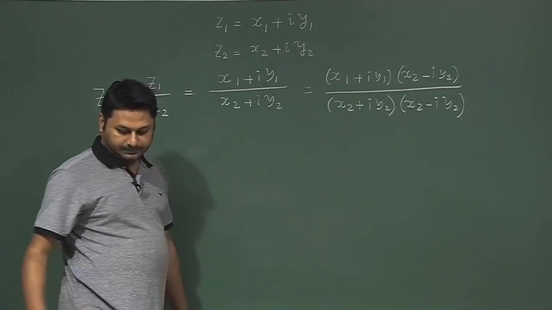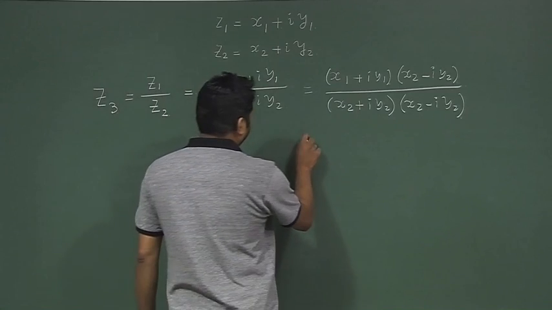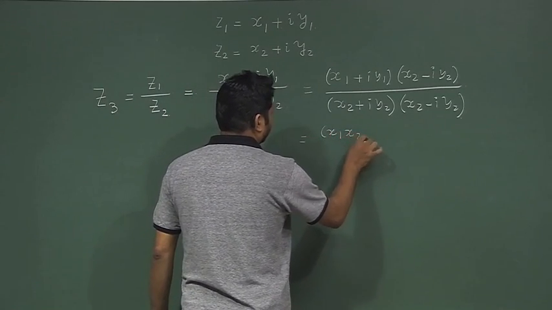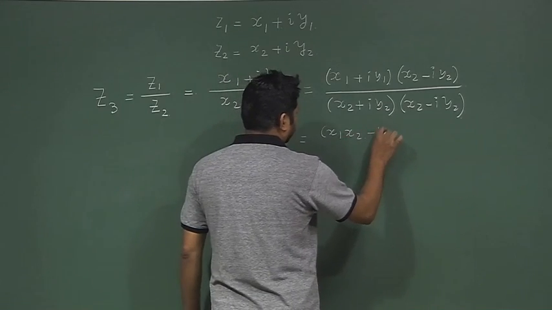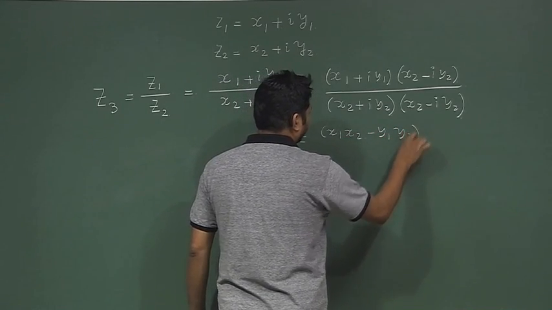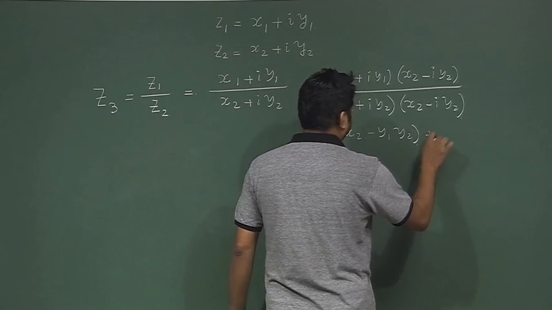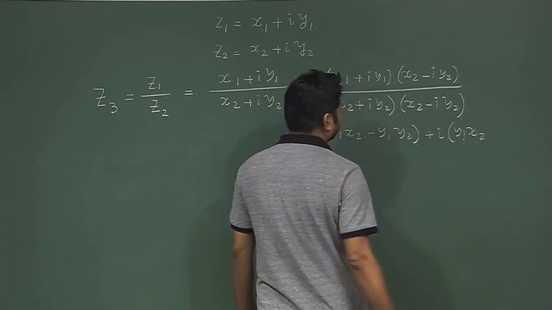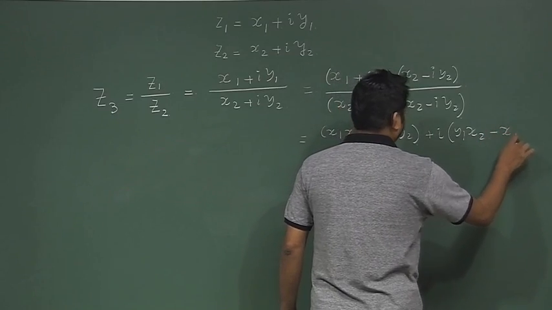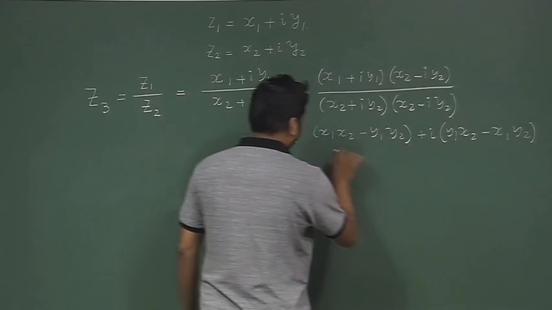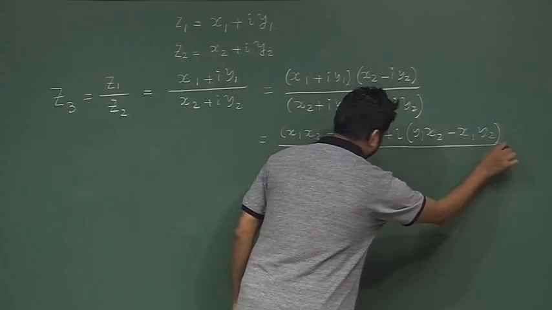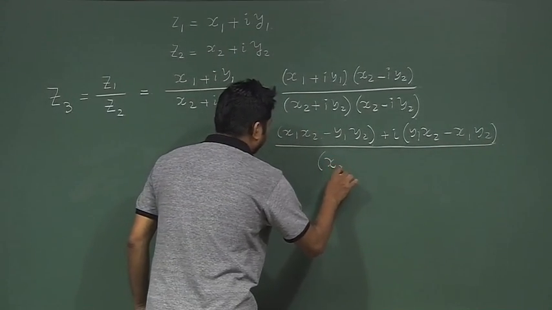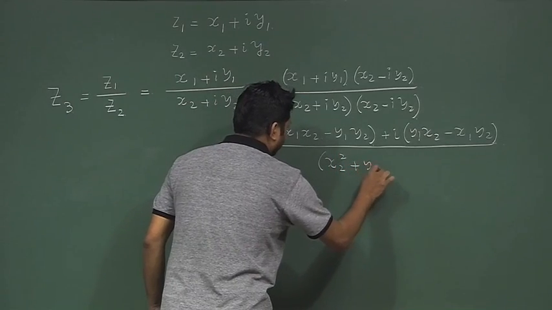If I do that, then I will have x1 x2 minus y1 y2 plus i times y1 x2 minus x1 y2, whole divided by this quantity, which is nothing but x2 square plus y2 square.